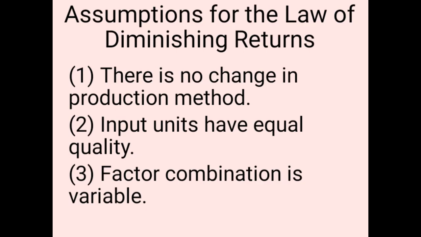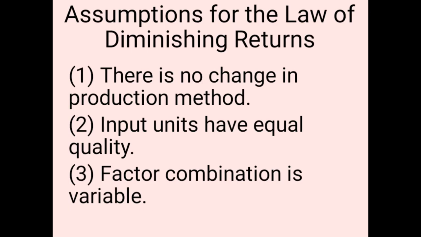Number third is factor combination is variable. It is assumed that after keeping other factors constant, the proportion of only one factor is changed. As stated earlier, we had agreed to a point that only one input is changing, and the rest are constant.